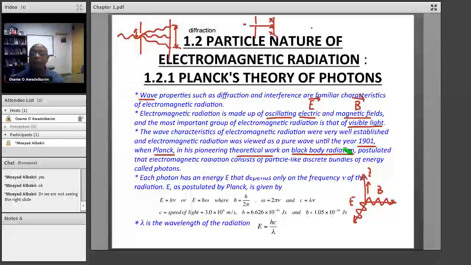So they tried to look at the intensity of this electromagnetic radiation as a function of the frequencies, because we know that oscillating waves have frequencies. So they wanted to measure that, and indeed they measured that, and then they tried to explain it theoretically with the laws of physics that existed prior to 1900. And they couldn't do that with the wave properties of electromagnetic radiation.